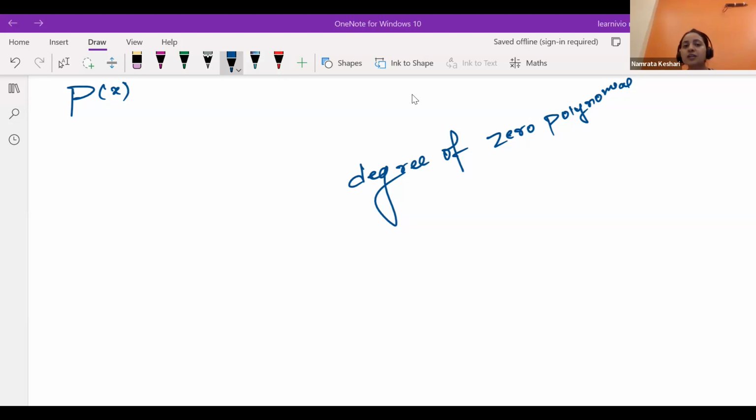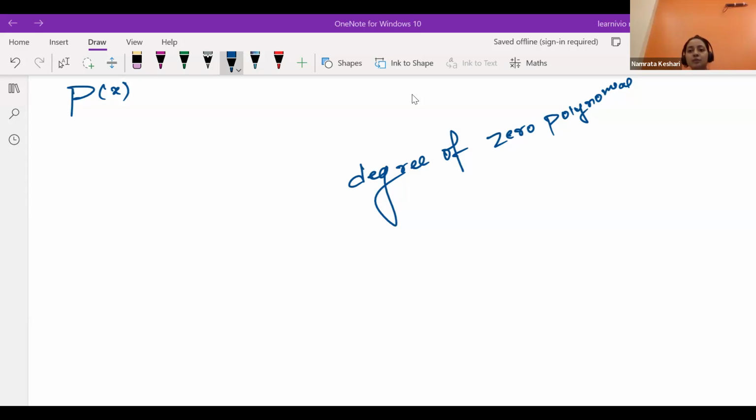The name comes from the degree. Degree is zero, that's why it is the zero polynomial. Degree one, linear polynomial. Degree two, quadratic polynomial. Degree three, cubic polynomial. Degree four, quartic polynomial. So what is the degree of the zero polynomial? Of course, zero.